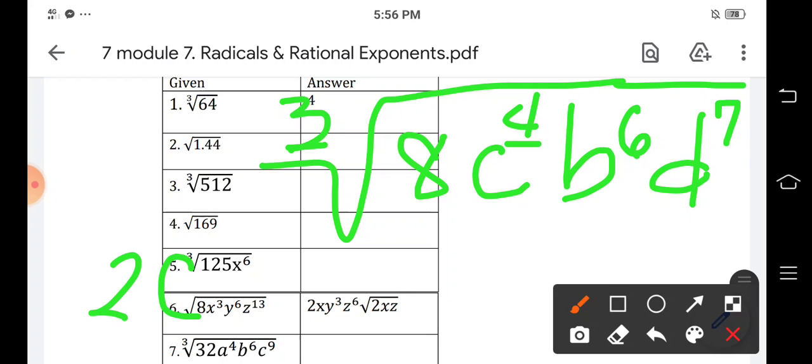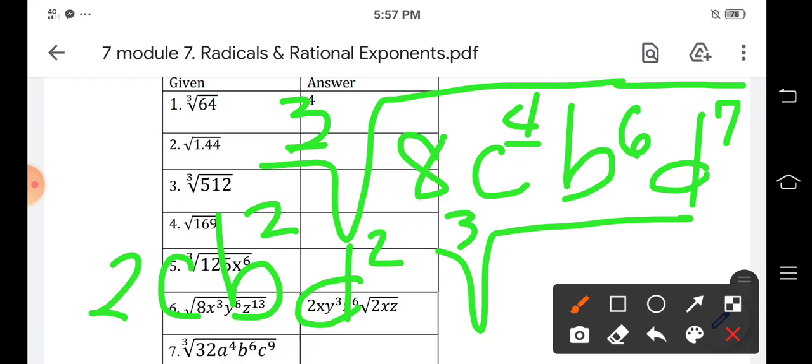Then b to the 6th power: if you divide 6 by 3, the answer is 2, so we have b squared. Then if you divide 7 by 3, the answer is 2, so we got d squared. What is left is the cube root of c and d. So the final answer is 2cb squared d squared cube root of cd.